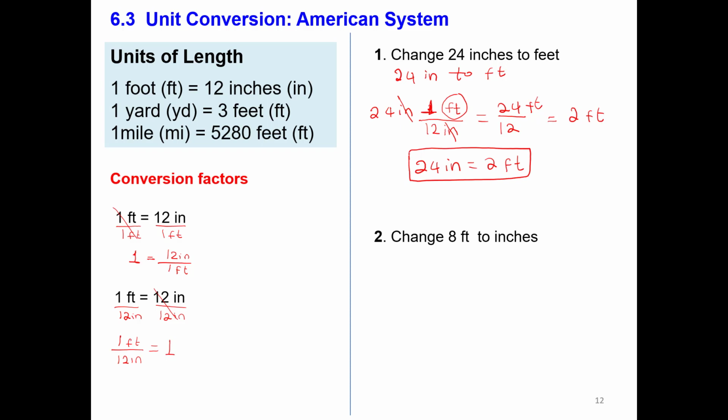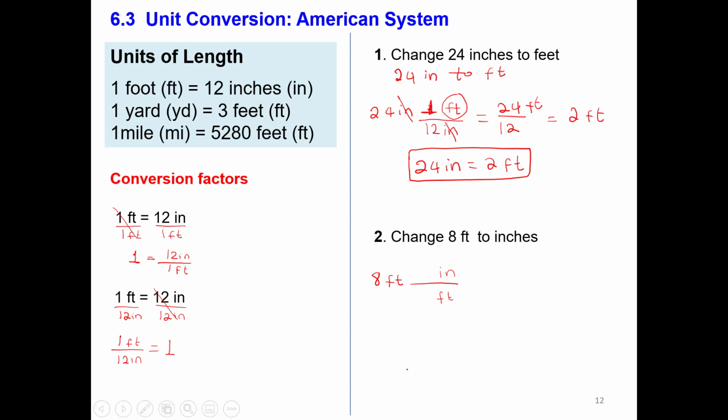Now let's solve the next one: change 8 feet to inches. We start with 8 feet, and we want inches. We need to select the conversion factor in a way that the feet cancel out, so we need feet in the denominator and inches on top.